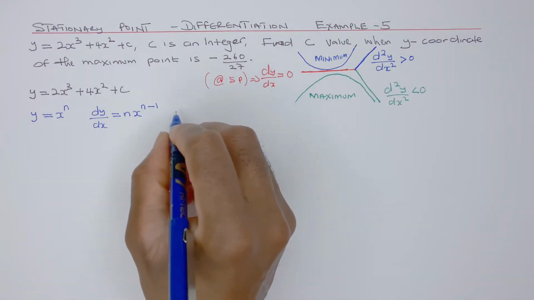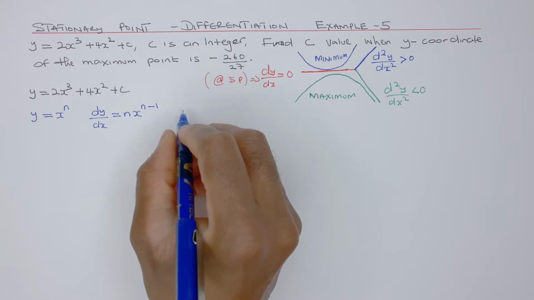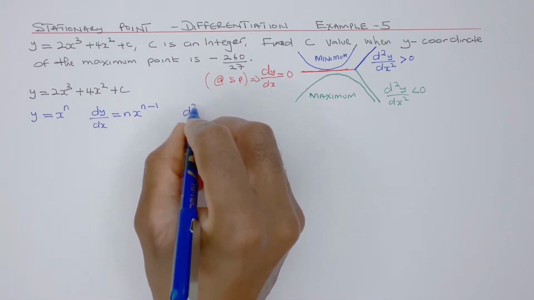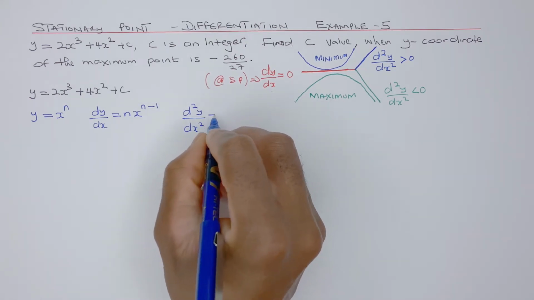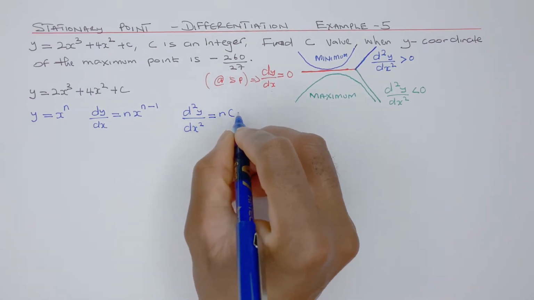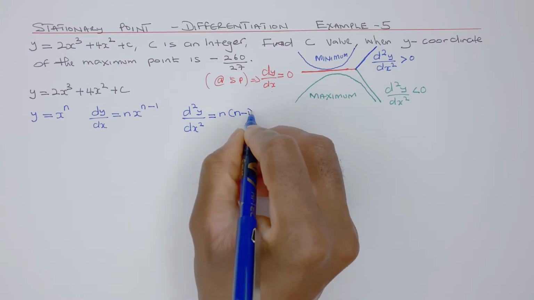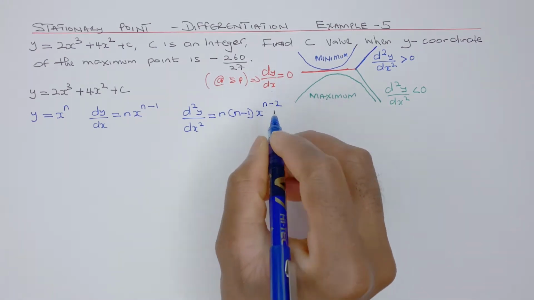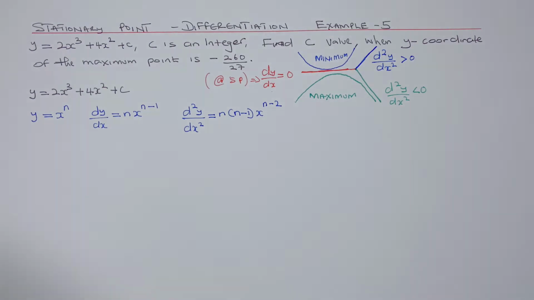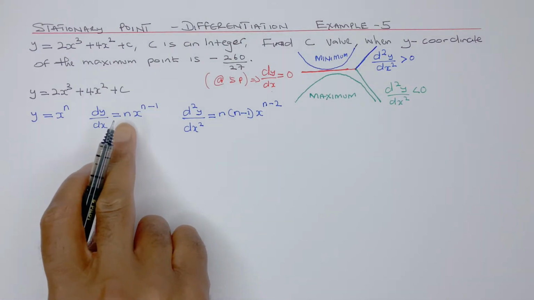We could also apply the second derivative, d2y/dx squared, and that will be n into bracket n minus 1, x to the power n minus 2. Or we can just differentiate that again.